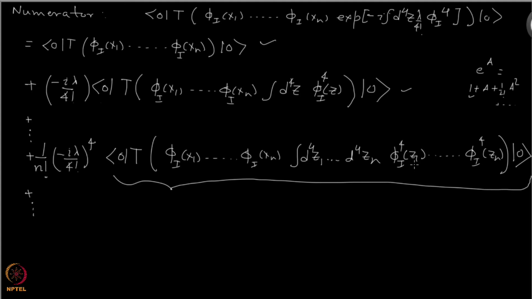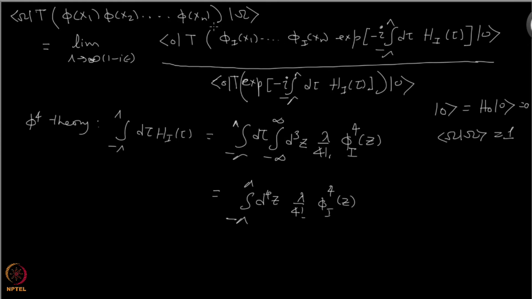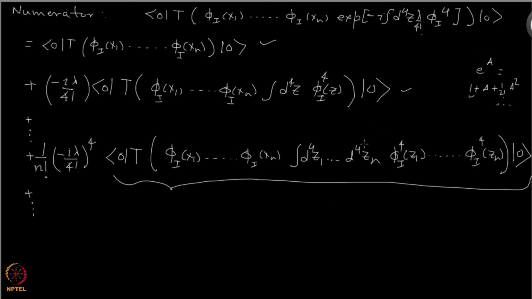The z is not something you choose. So in the numerator, look at this one. This is what we are calculating, right? So x1, x2, xn are the ones which you choose, but you have no control over the z here, right? That's integrated over. You do not have control over z. So such points I will call internal points.